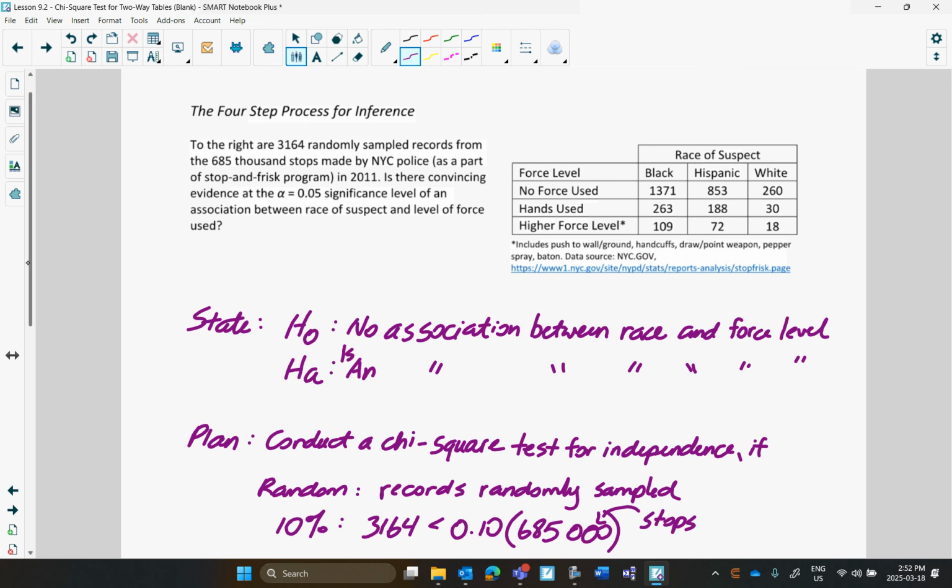So you can go across or down. 1371. It takes me across by default, so I'll just keep doing that. 853, 260. No, I said 1371.